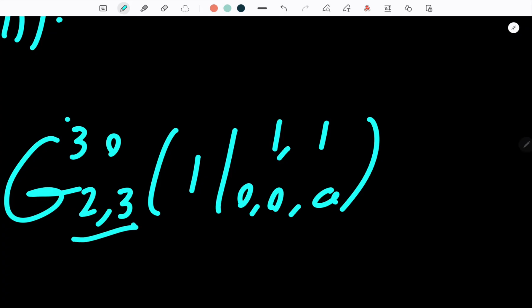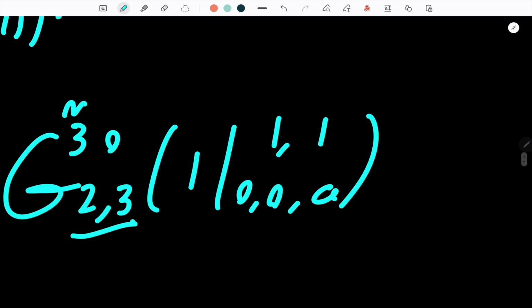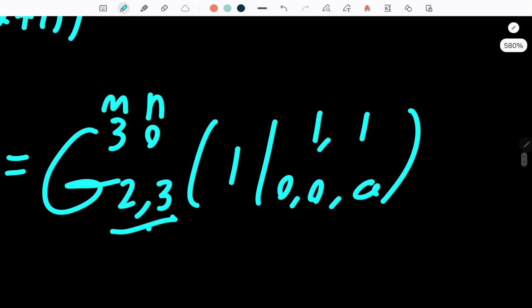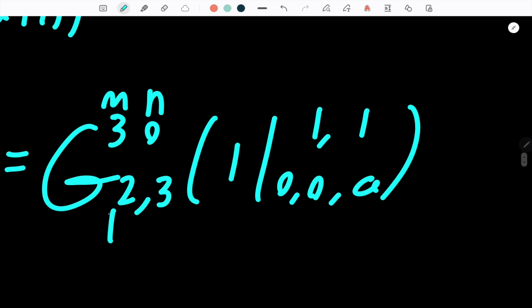That's what these numbers are right here. This is m, this is n. Well, we'll have a lowercase n in this case, so I don't get confused with this n over here. This is p, and this is q.